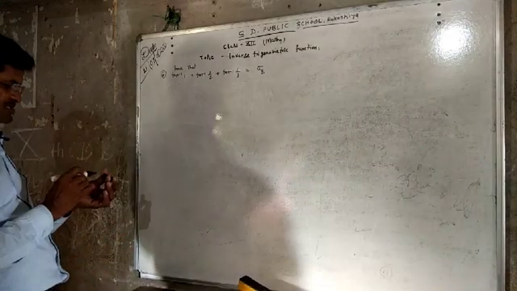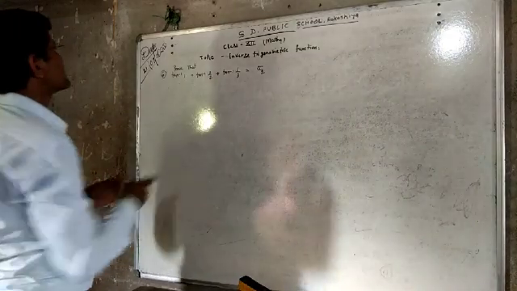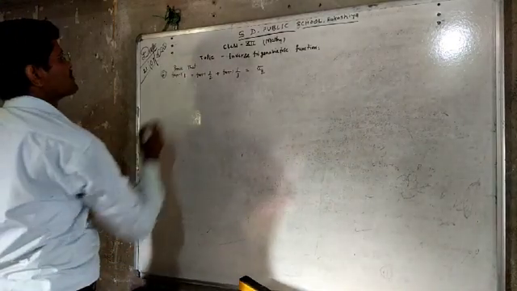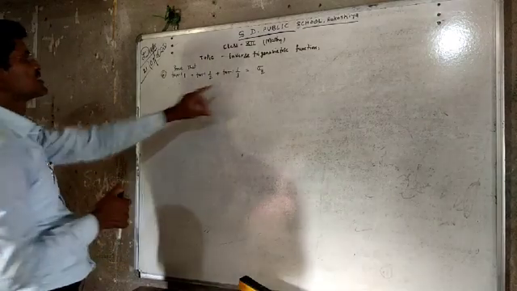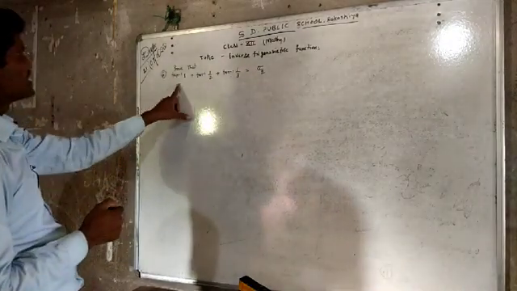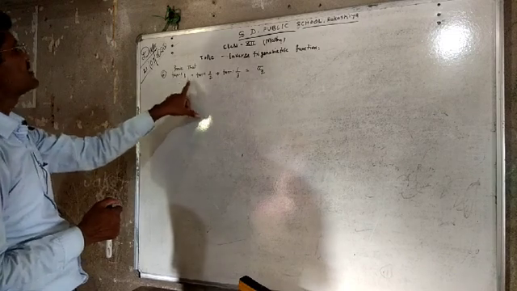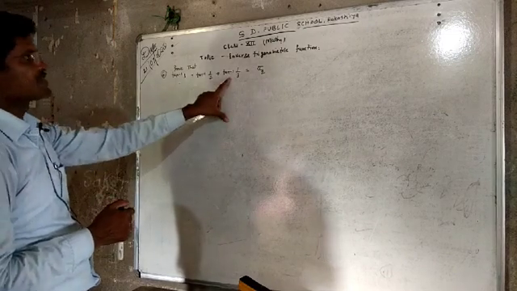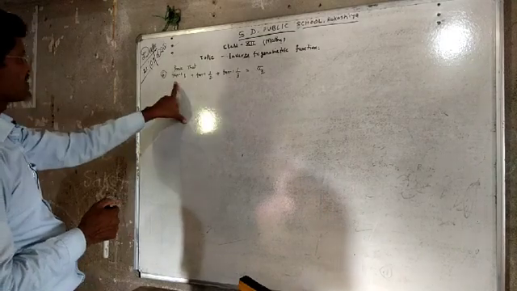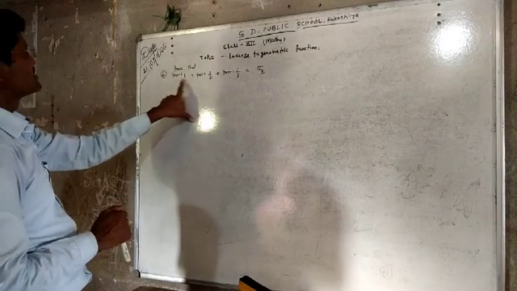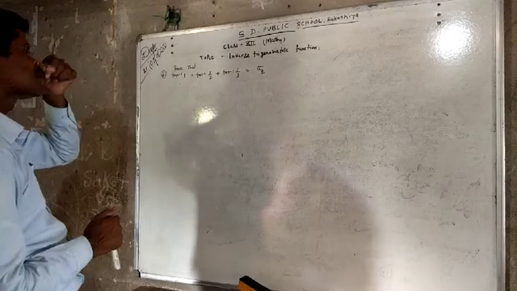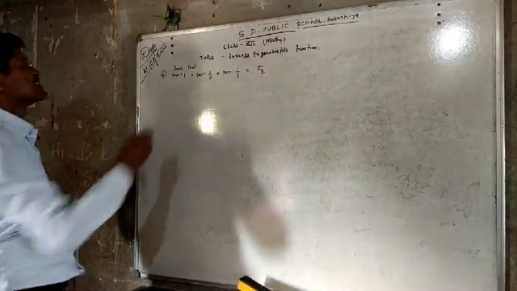The next problem: we have to prove that tan inverse 1 plus tan inverse 1 by 2 plus tan inverse 1 by 3 is equal to pi by 2. The LHS has 3 terms: tan inverse 1, tan inverse 1 by 2, and tan inverse 1 by 3. The formula for 3 terms is complicated.